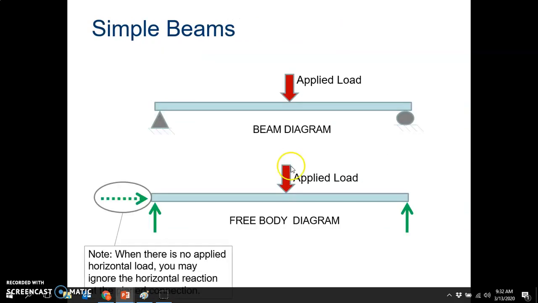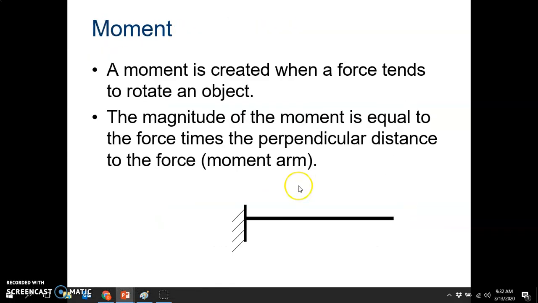So let's say it would be like this force minus this force plus this force is equal to 0, which makes sense, right? If this is 10,000 pounds, then this reactionary force plus this reactionary force must be equal to that 10,000 pounds. Okay, so moment.